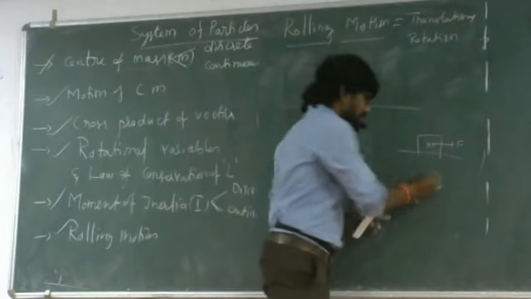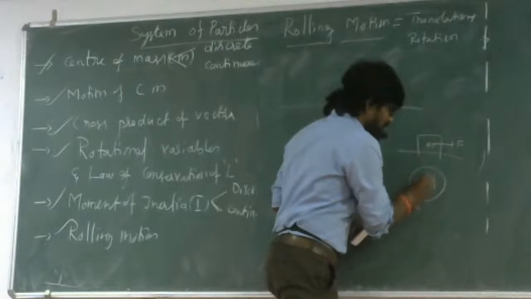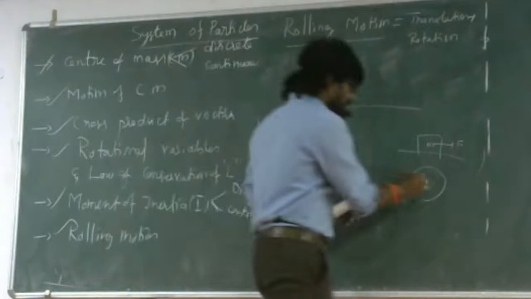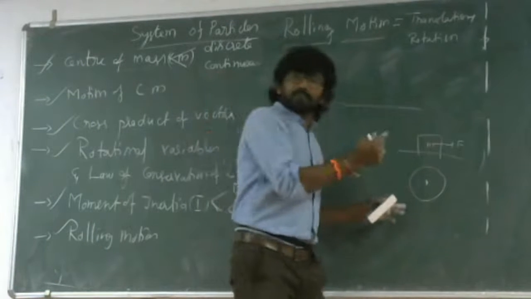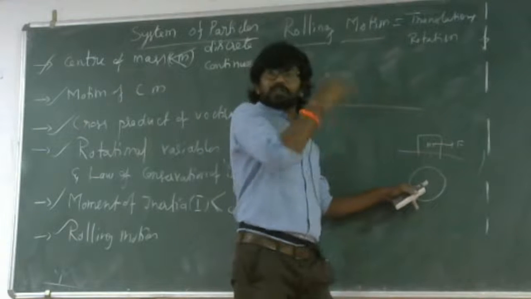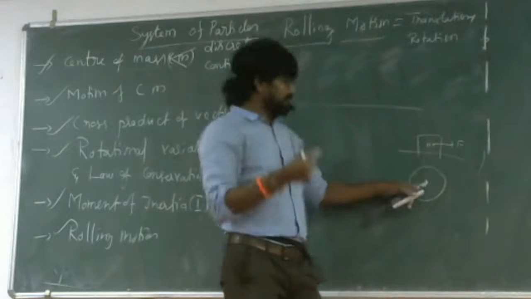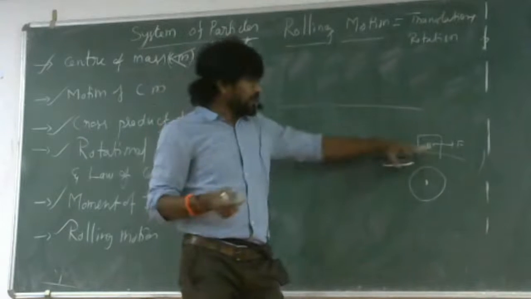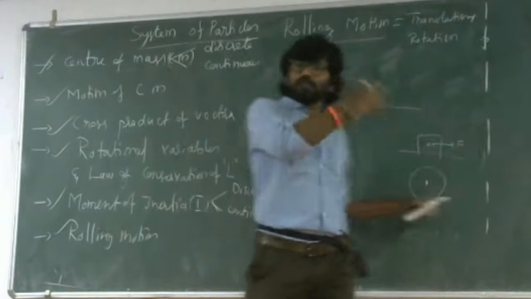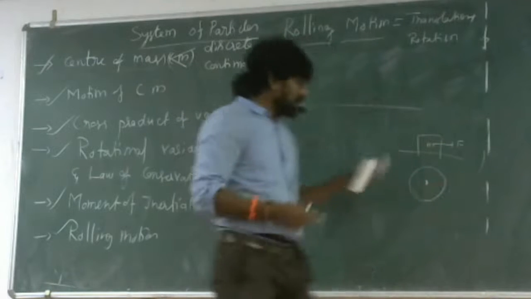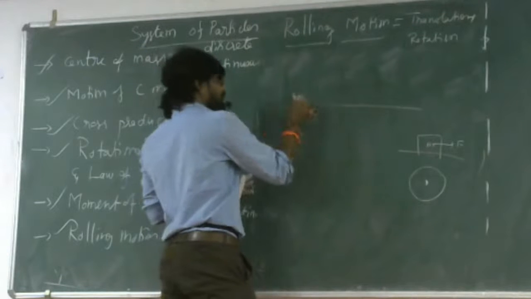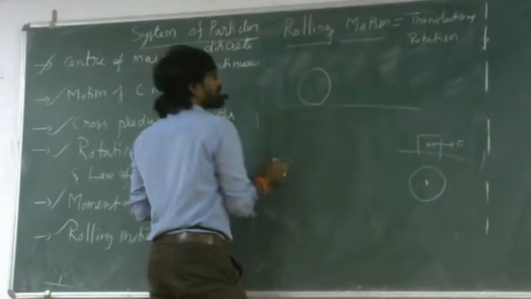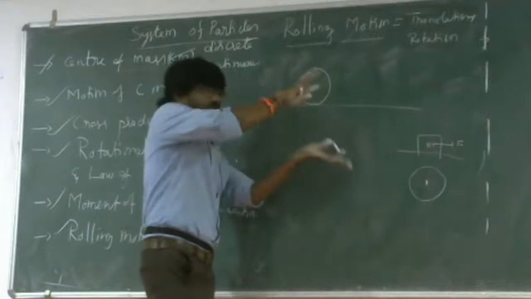Whereas if you have a disc attached here, pivoted with some support, then it will rotate about this fixed axis. It is called rotational motion. It will just rotate. It will not move anywhere. So here it is only translational motion, and here only rotational motion. Now, if you consider a big wheel or a disc, even if you push this, it is sliding.